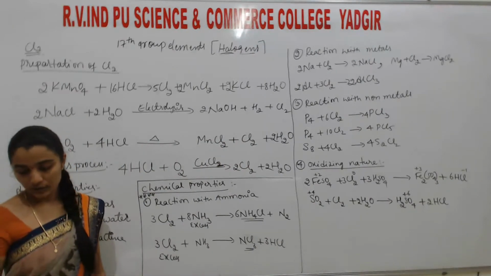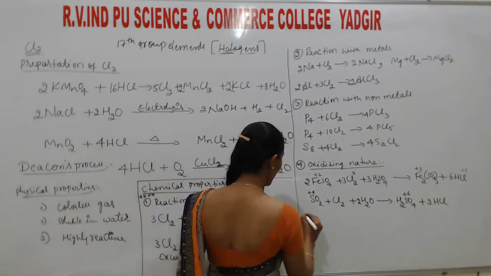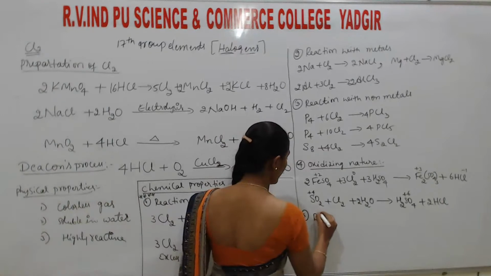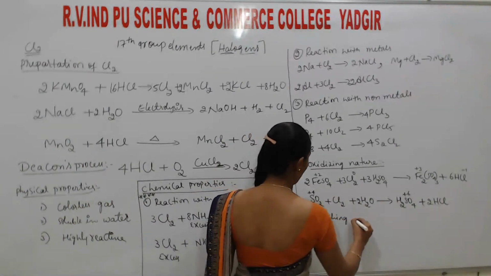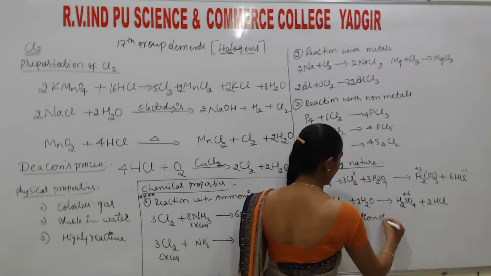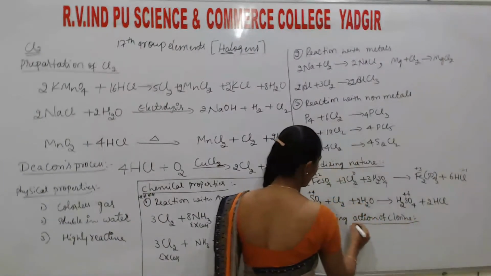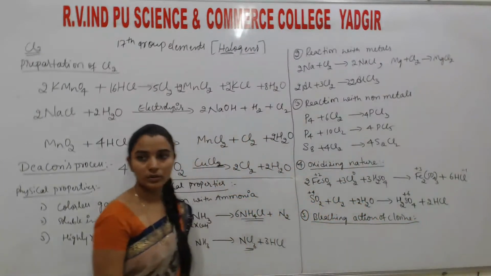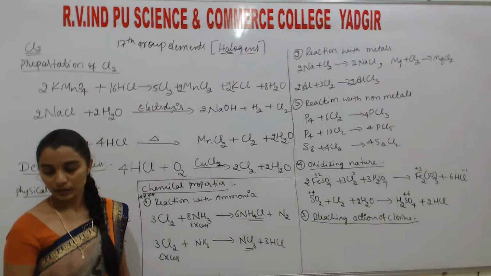So another one is the last one, very important, that is bleaching action of chlorine. So students, in bleaching powder, we use chlorine as the main content. Understand?